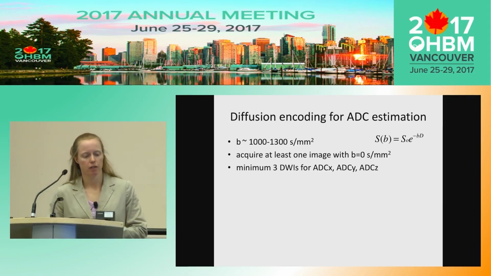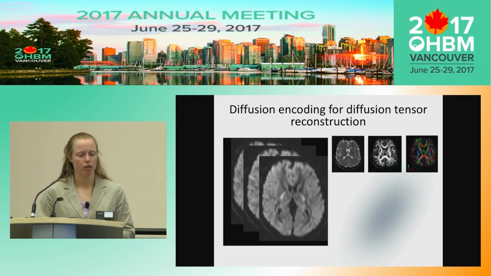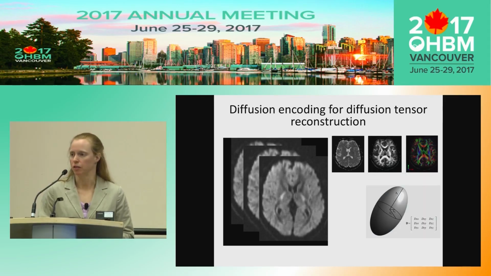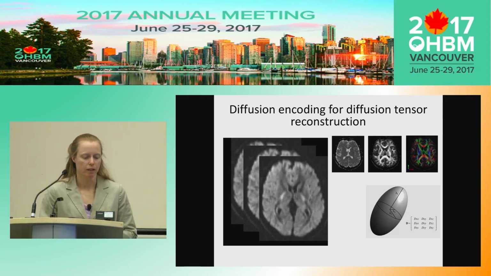If you want to measure the apparent diffusion coefficient in 3 orthogonal directions, then you would apply diffusion weighting in those 3 orthogonal directions. If you want rotationally invariant estimates of anisotropy and one preferred diffusion orientation, then you would want to image the diffusion tensor. And this is the diffusion tensor shown at the bottom right. It's a 3x3 matrix essentially, and it has 6 unknowns.